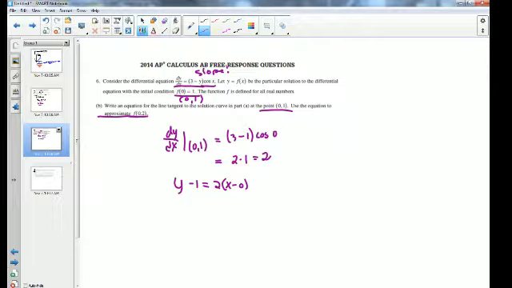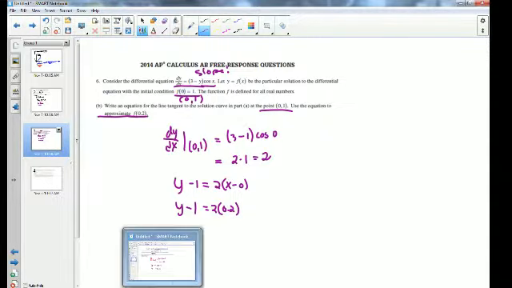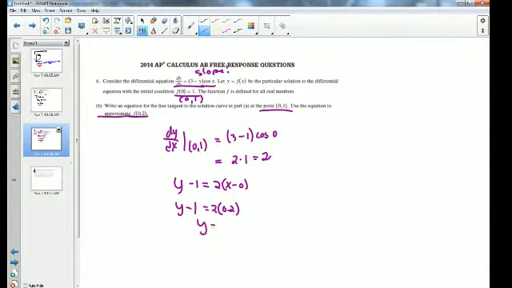Plug in that 0.2. Yeah, 0.2. So plug that in for that. And then you have to move the 1. But again, no touching, and you're done. Okay.